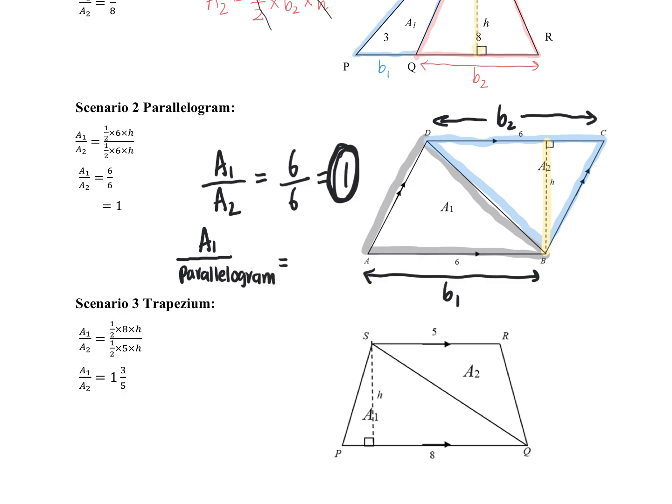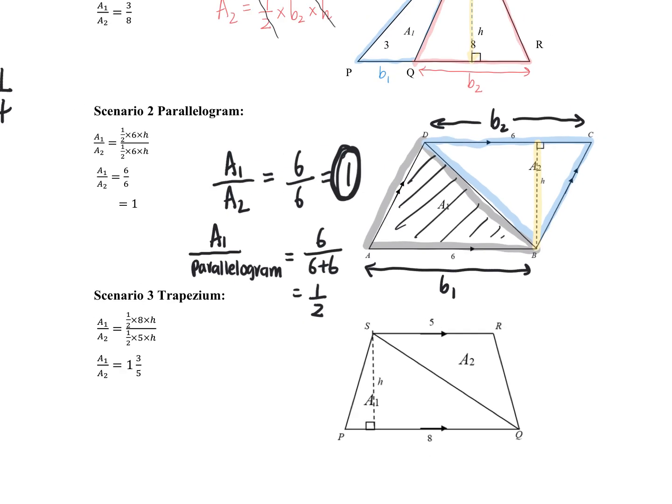What should it be? 6 and then the 6 plus 6. So it's just half. Makes sense, right? Because this is one piece. The whole parallelogram is 2 times of it. So it's 1:2. Okay? So these are just extension of triangle with common height.